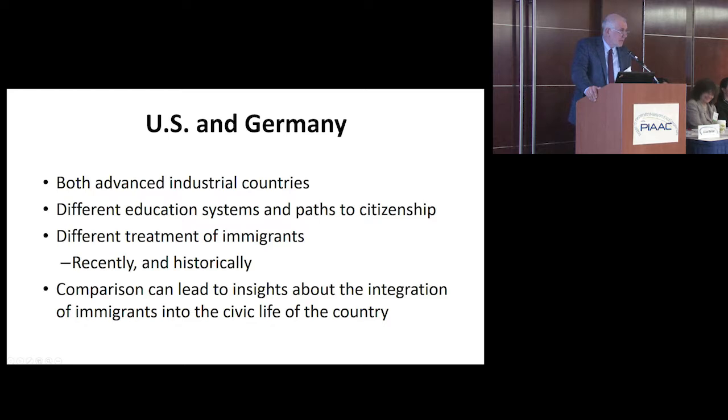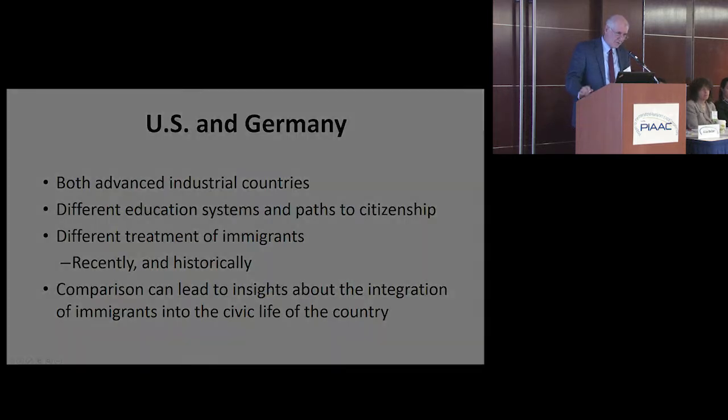But they're both advanced, industrialized countries that have experienced large waves of immigration. But these two countries also differ in some important ways, having different educational systems, different paths to citizenship, and different ways of responding to immigrants and immigration.